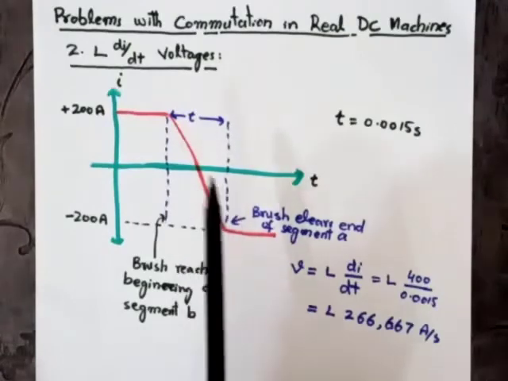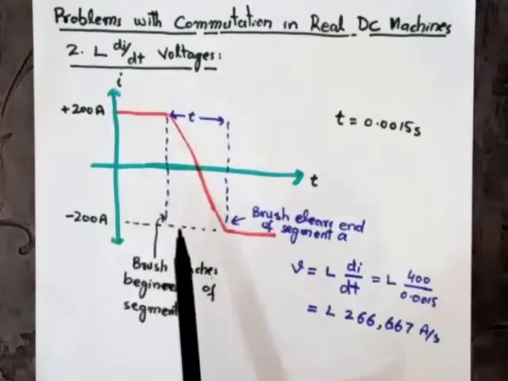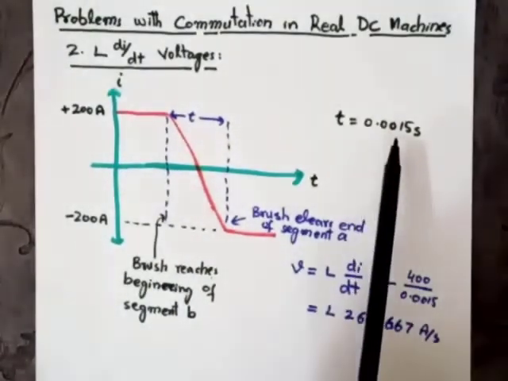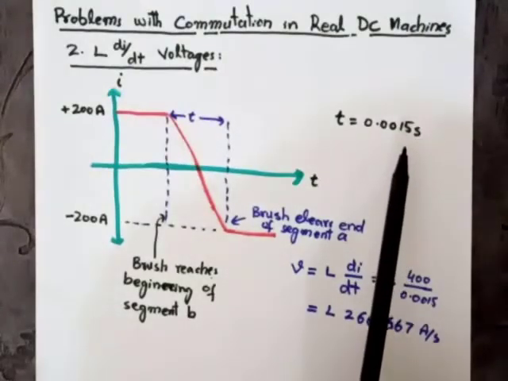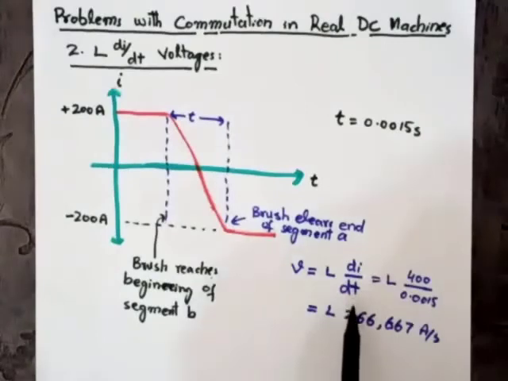Let the change in the current from plus 200 ampere to minus 200 ampere occur in a time t equal to 0.0015 second. So what will be di over dt? As we know, v is equal to L di over dt.